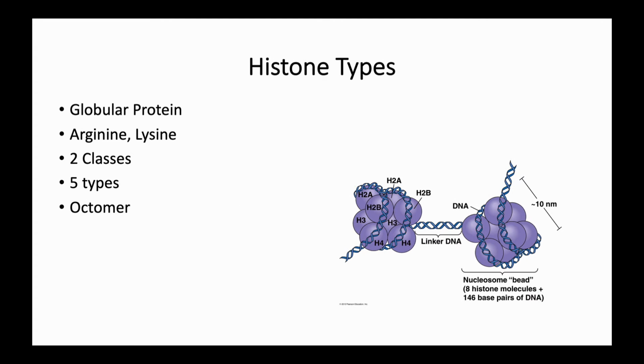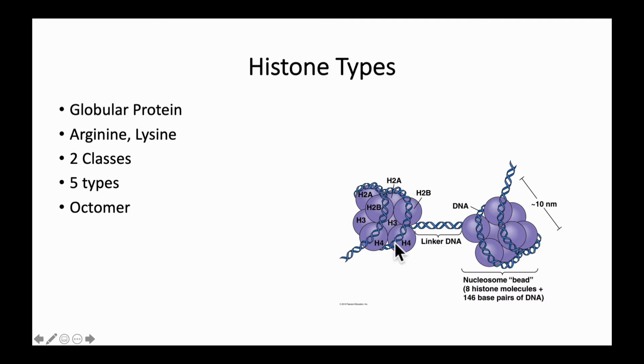All right, so now that we understand that DNA wraps around these histones, which are the basic structural units for condensation to occur, for the genetic information to get packaged, let's start talking about these structures and what they're made up of.